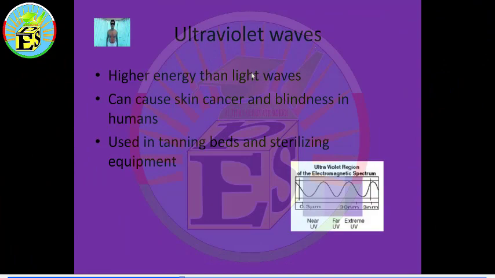Ultraviolet has higher energy than visible light because it has shorter wavelengths. It can cause skin cancer and blindness in humans. It is used in sterilizing equipment.